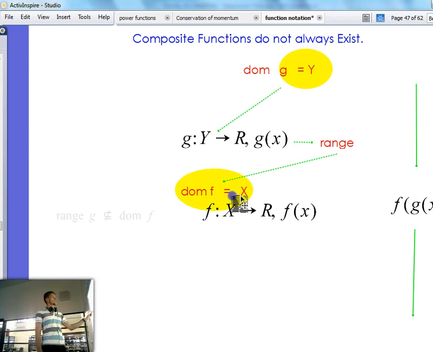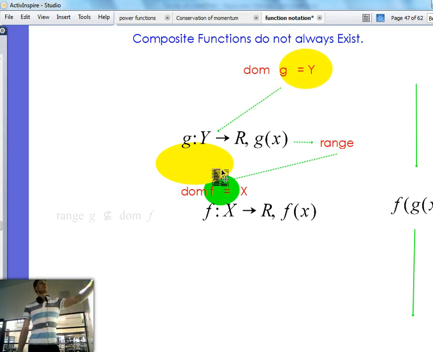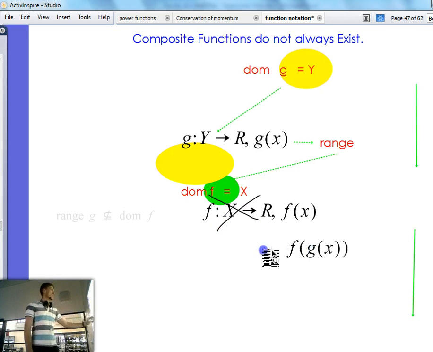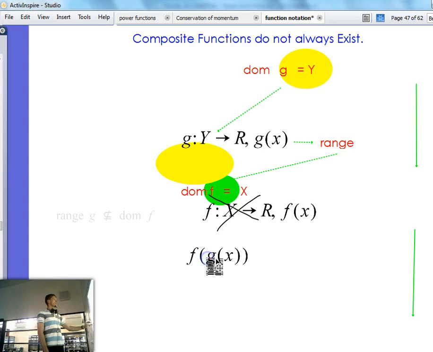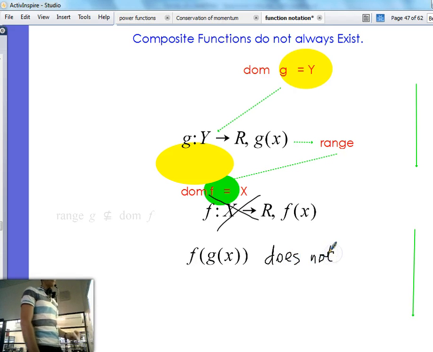It is not a subset. And when that happens, we have to stop, and we are unable to define this function. f of g of x does not exist. So there's no point trying to define something that doesn't exist in the first place.